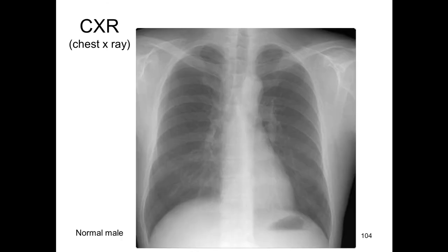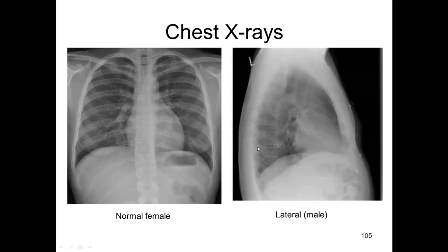Then here lies the chest X-ray. Chest X-ray, you can see the heart over here. This is the chest X-ray of the normal male. This is the chest X-ray of the normal female. How can you distinguish between the male or female chest X-ray?